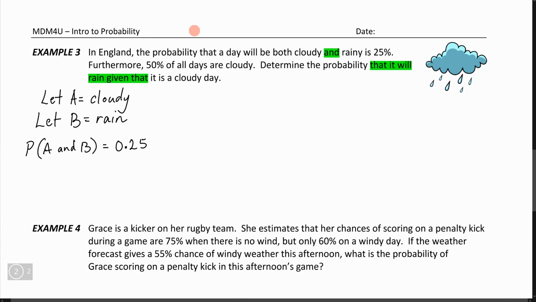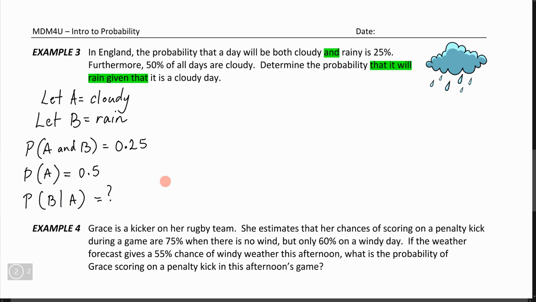And we're also told that the probability of all days being cloudy, well, it's the probability of A, is equal to 50%, so 0.5. So what we're asked to find is the probability that it's going to rain given that it is already cloudy. So the probability of B given that A has occurred. Okay, so that's the big question mark here.